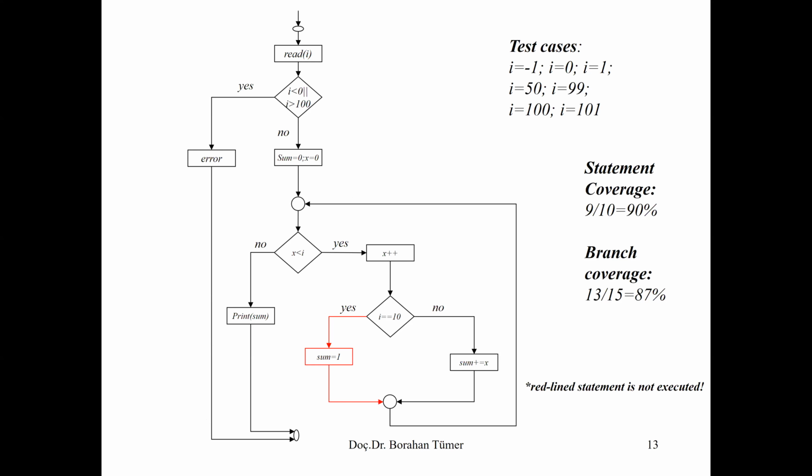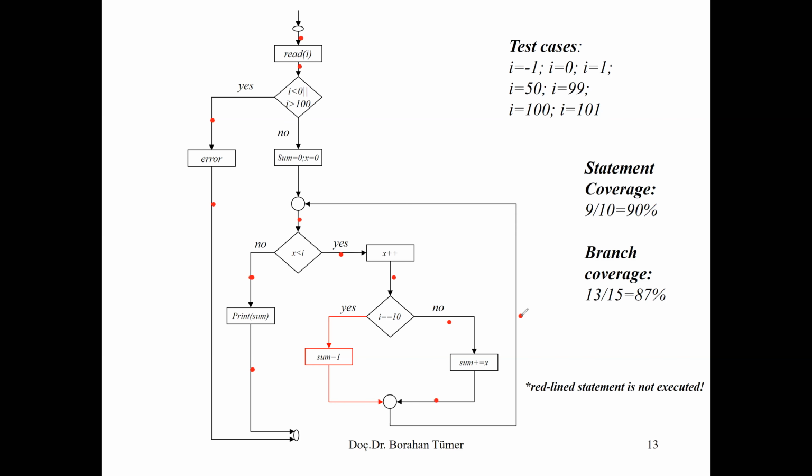So, when counting 1, 2, 3, 4, let's see, 1, 2, okay, let's check them, 3, 4, 5, 6, 7, 8, 9, 10, 11, 12, and 13.